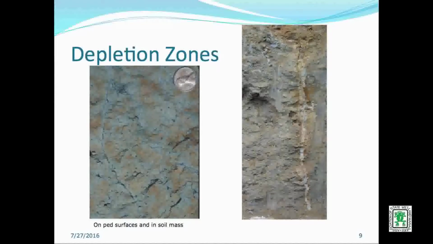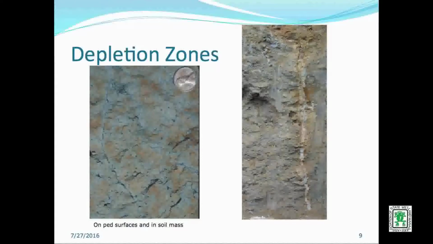On the right-hand picture is a macropore, a vertical macropore in a soil that is probably dense and has very slow hydraulic conductivity. And we often find preferential water flow in these vertical macropores, and you can see the extreme depletion within the center of that macropore.